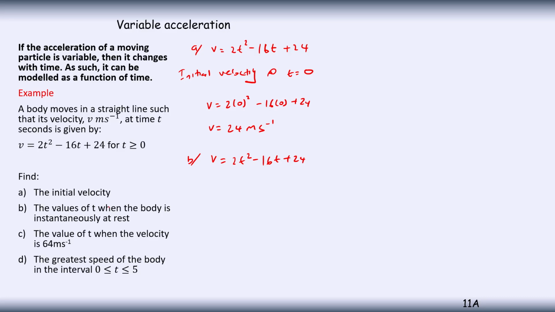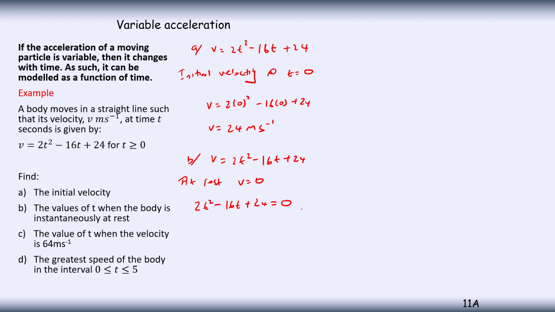When it's at rest, v is equal to 0. So we can solve for t by setting the formula equal to 0. So we've got 2t squared minus 16t plus 24 is equal to 0.